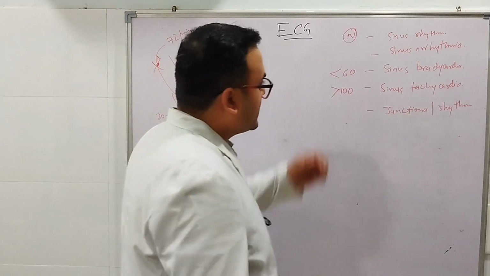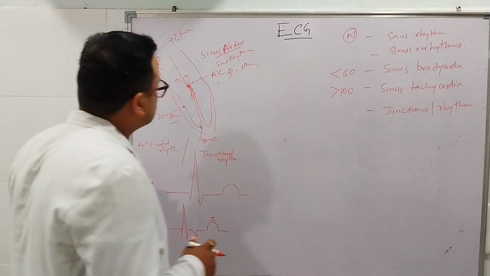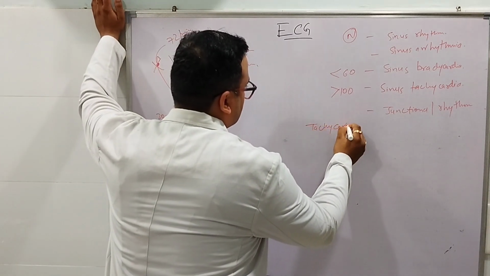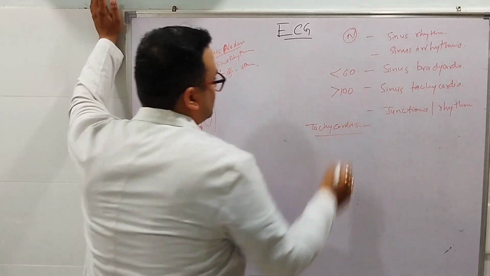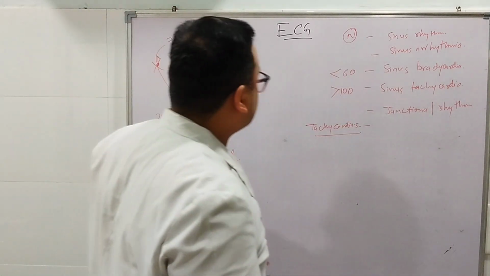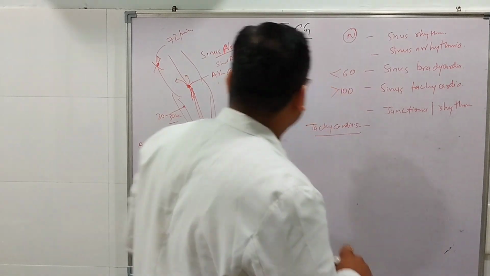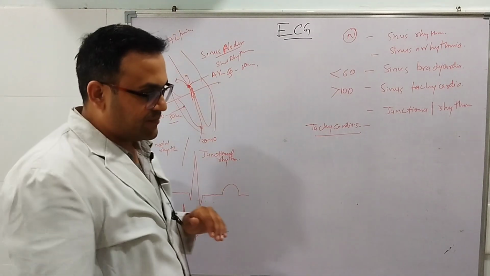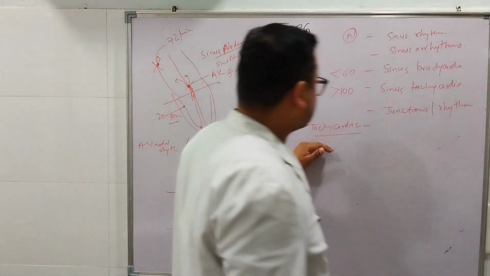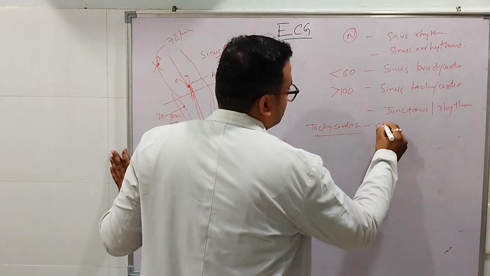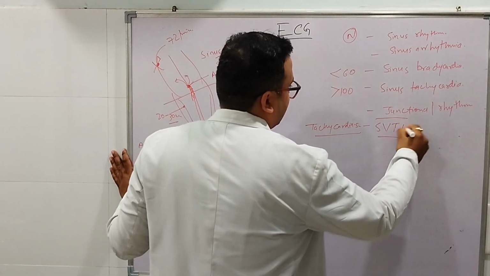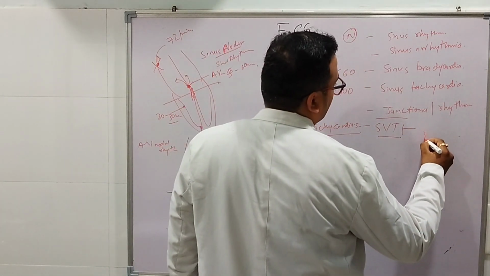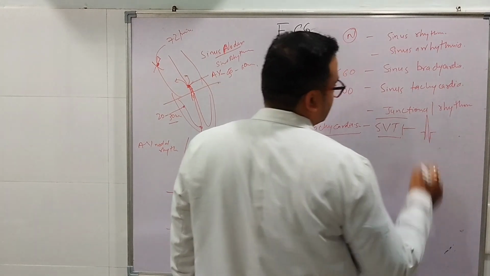Next, see, there are tachycardias. Tachycardias where the pathology can be supraventricular. Supraventricular means the SA node, AV node, or in the atrium. So this is called tachycardia when the pathology is supraventricular. And in supraventricular tachycardias, the QRS complexes are narrow.